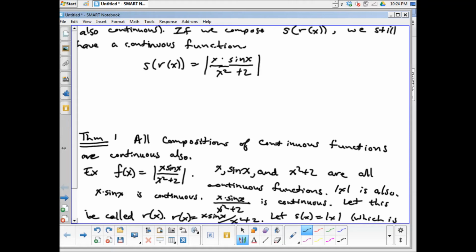Okay, so s of r of x is indeed continuous. f of x is a continuous function. What a mess. Now, again, it's not continuous because this denominator doesn't yield 0. In other words, it's not about the domain here. It has to do with more the fact that we were piecing together continuous stuff.